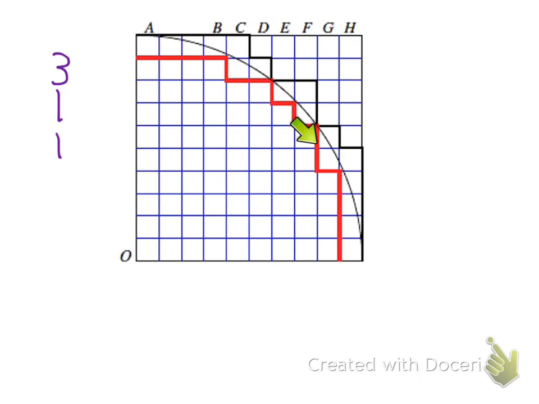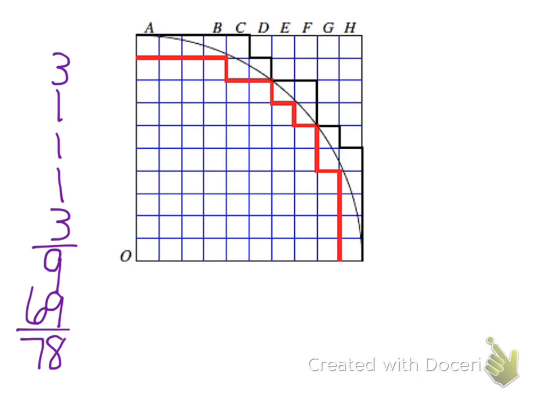And then if I look here, maybe column G has another one. And column H, how many more would be inside? Maybe 1, 2, 3. So 6, 7, 8, 9. 9 more squares added to our 69 that we already had, and we get 78.